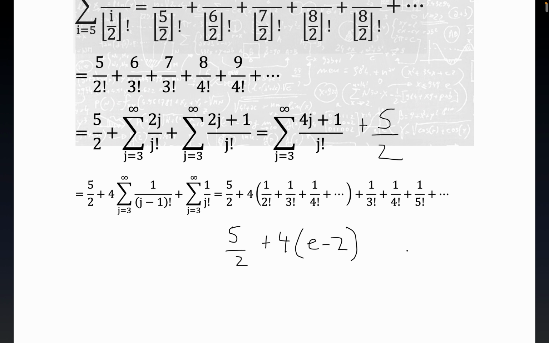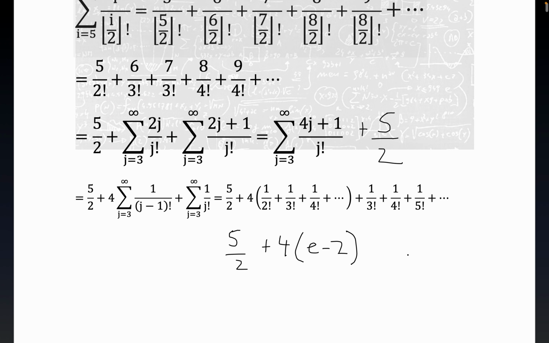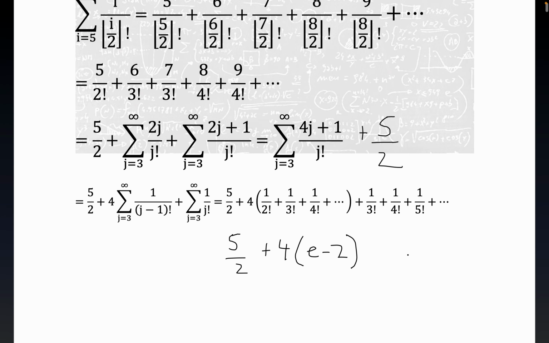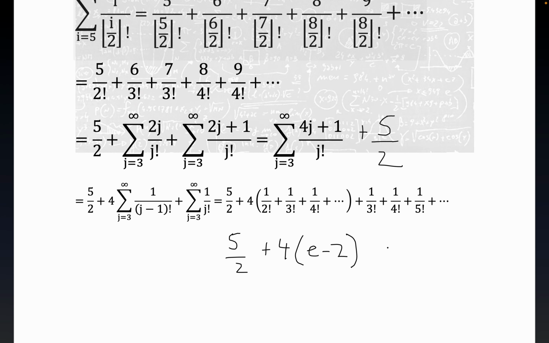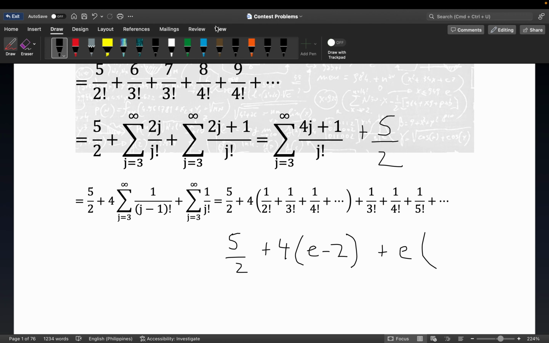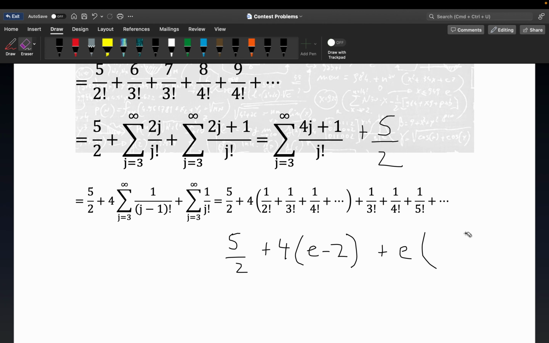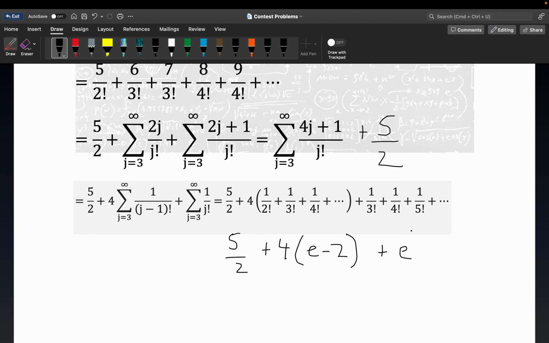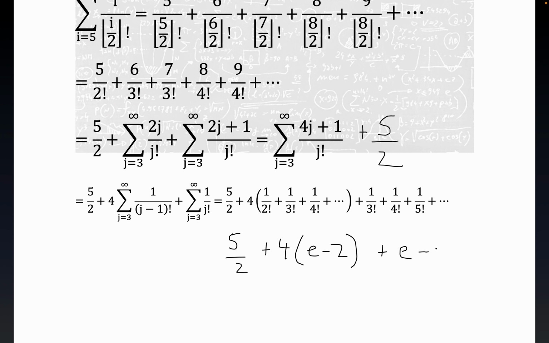And in a similar fashion right here, you will get, what are we missing now? We're missing 5/2. This would be e, let me just write it here. There's an extra term past the 2, so this would be e, sorry, let me get this erased. I think I made a slight mistake here. Okay, this part right here would be e minus 5/2.